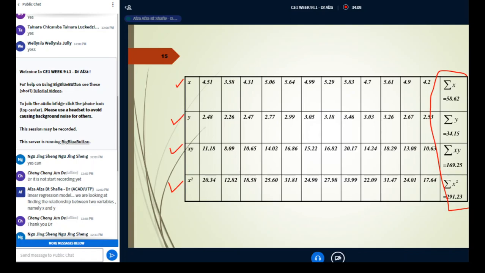No. Okay. All right. Do we need to calculate the error? No, we don't, because we have minimized the error.